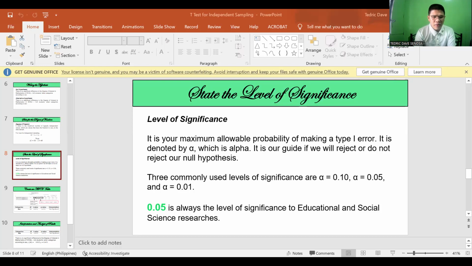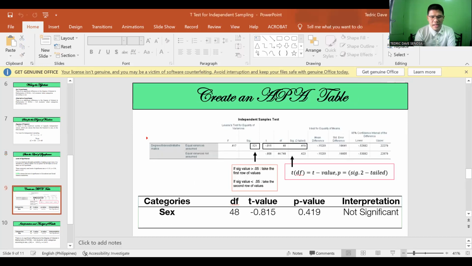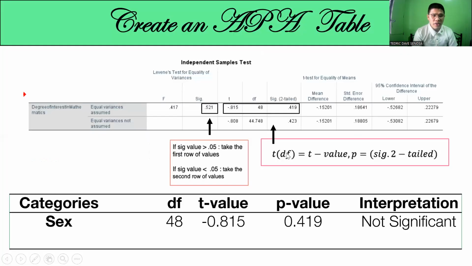So here is our result for the t-test, and I have already put it in our PowerPoint here. I will teach you how to interpret it. Levene's test for equality of variances tells us which value of t, which value of df, and which significance or p-value will be considered.